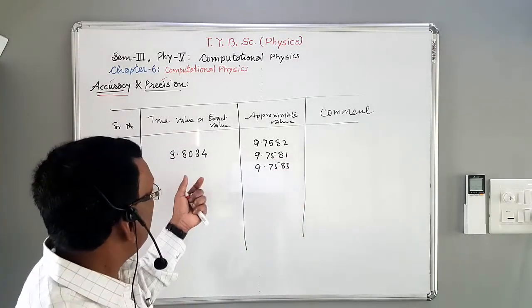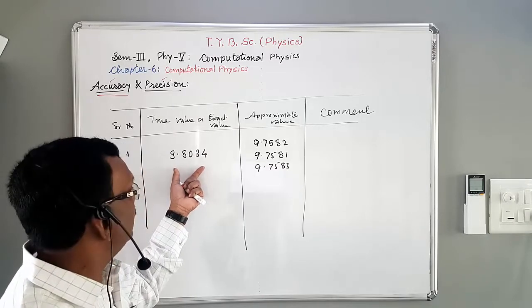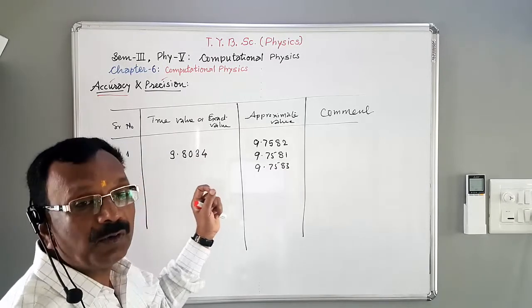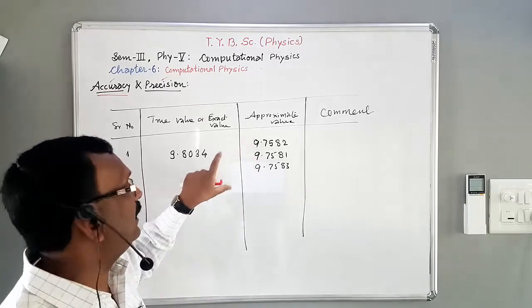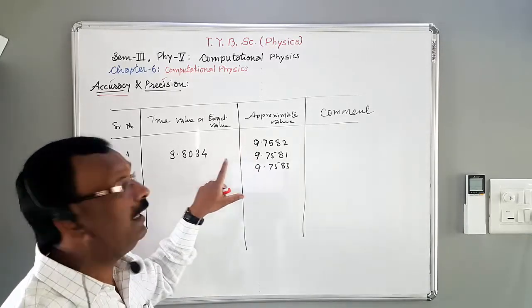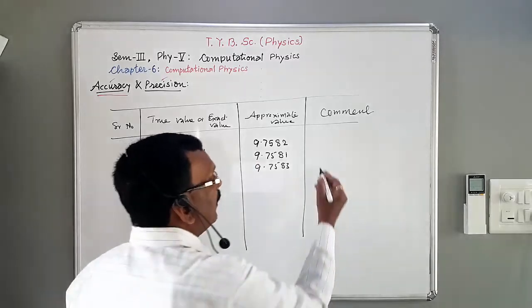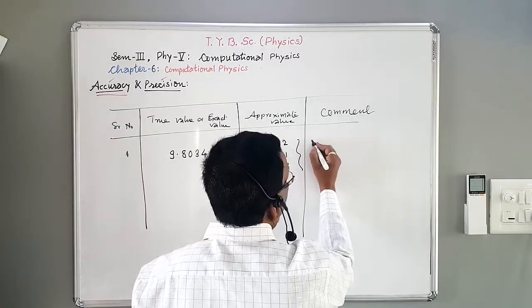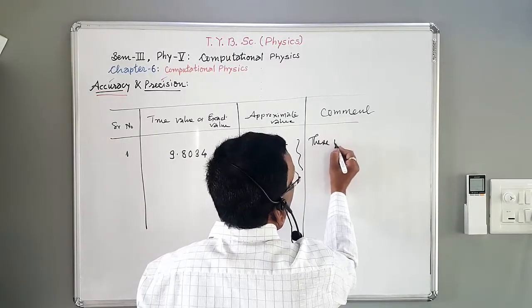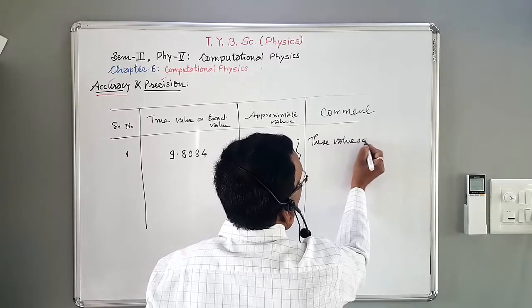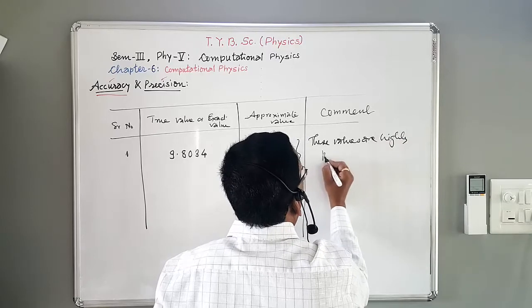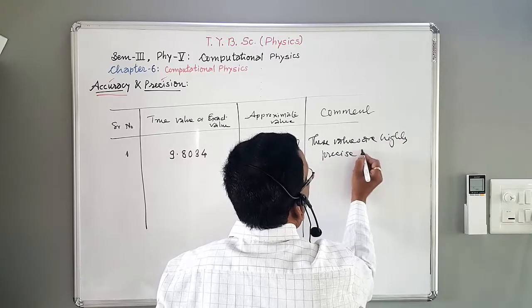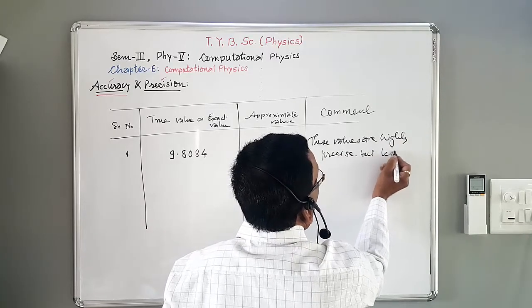See here, when we make the comparison, it is found that these values are highly precise but less accurate. So we can make the comment that these values are highly precise but less accurate.